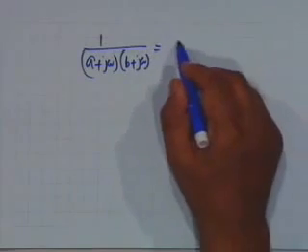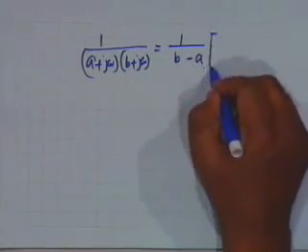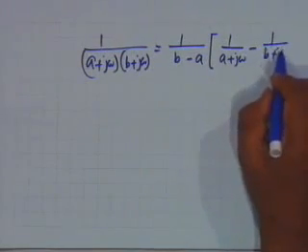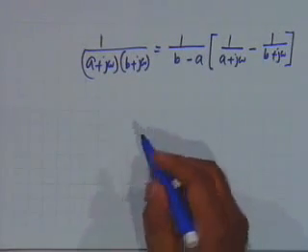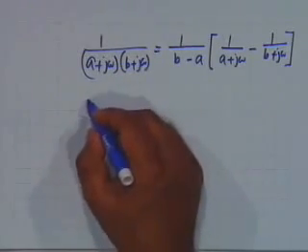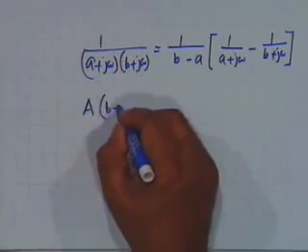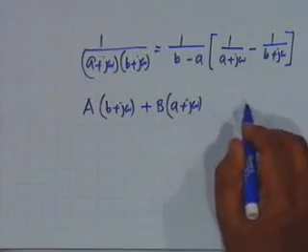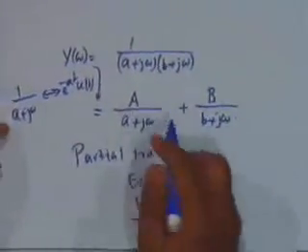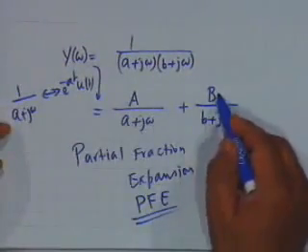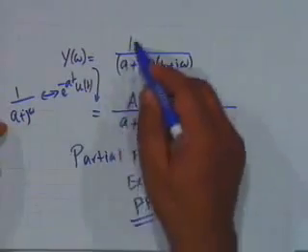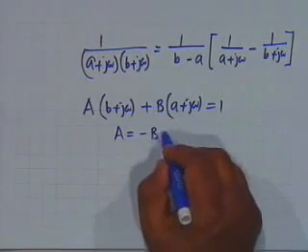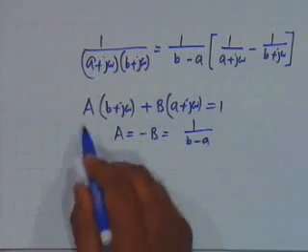Almost by inspection you can see that this is 1 by b minus a, times 1 by a plus j omega minus 1 by b plus j omega. Isn't it obvious? In general what you do is, you write the numerator, capital A times b plus j omega plus capital B times a plus j omega, and equate it to the numerator, which is 1. From where you get A is equal to minus B is equal to 1 over b minus a.